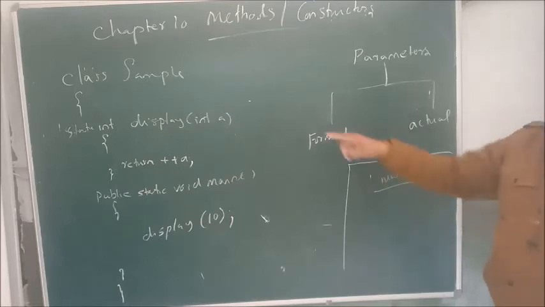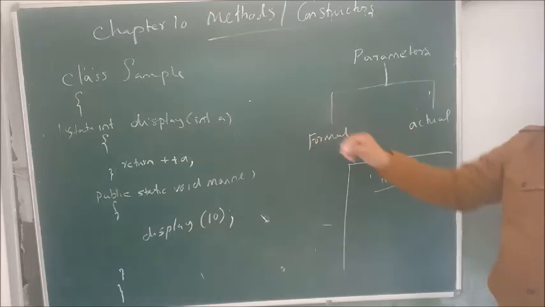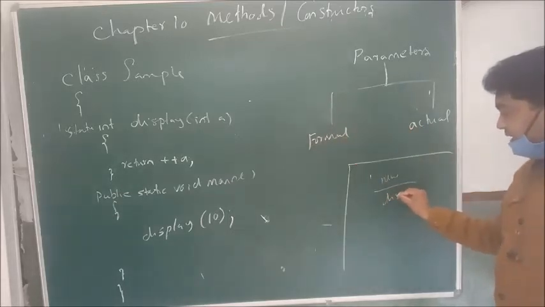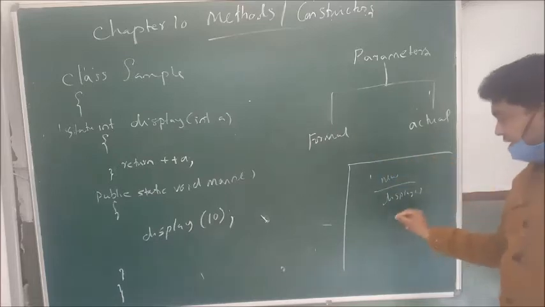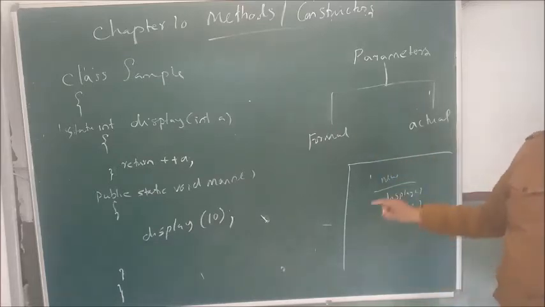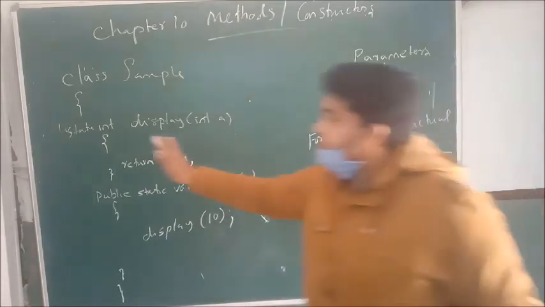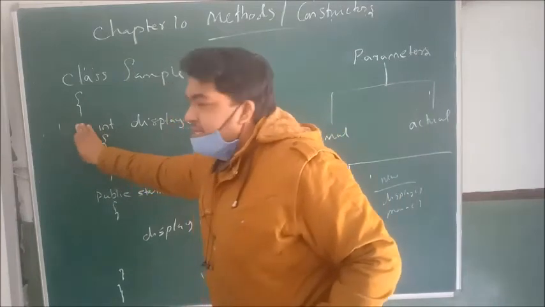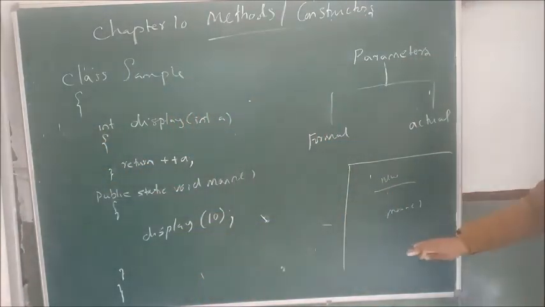See, both are static methods. You can see that display is there, and main also is there, because both are static ones. Suppose I remove this keyword static, then you can see that only main is there.